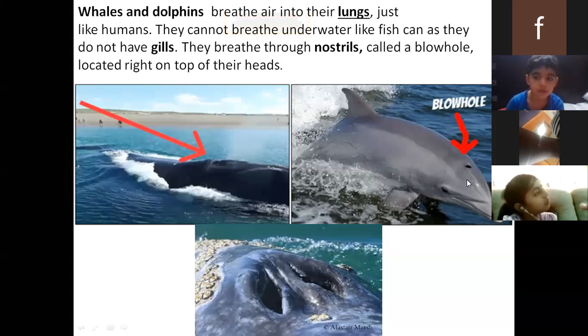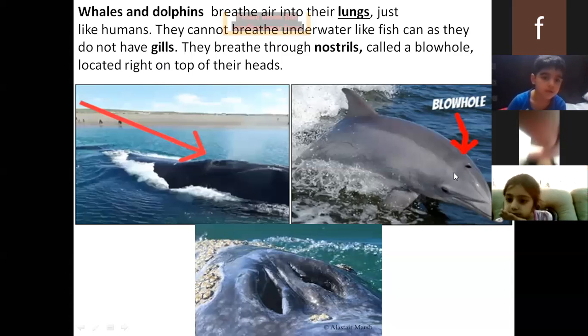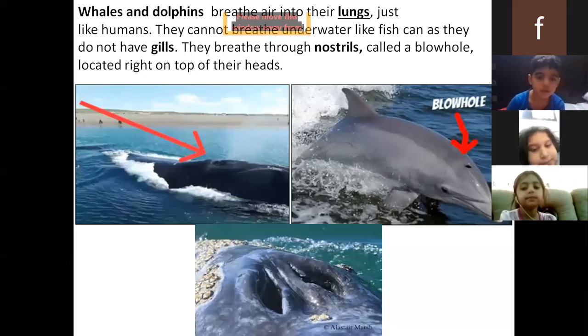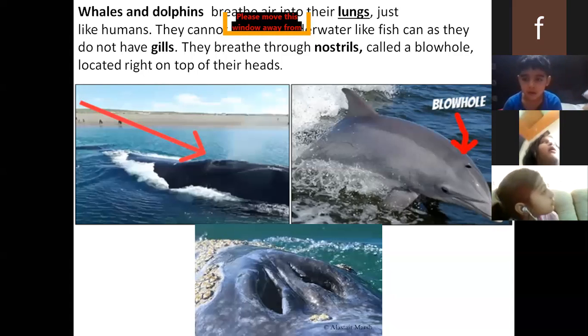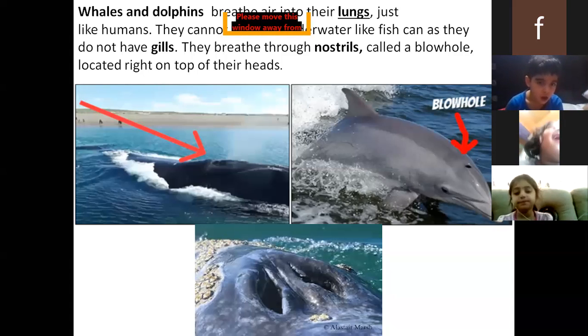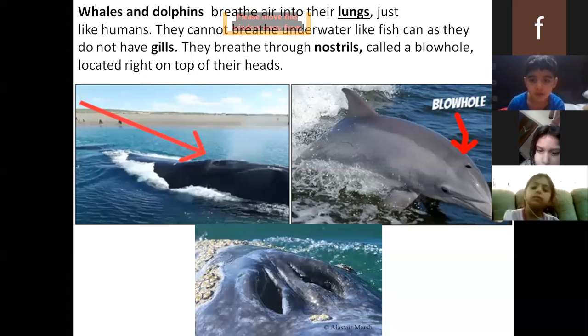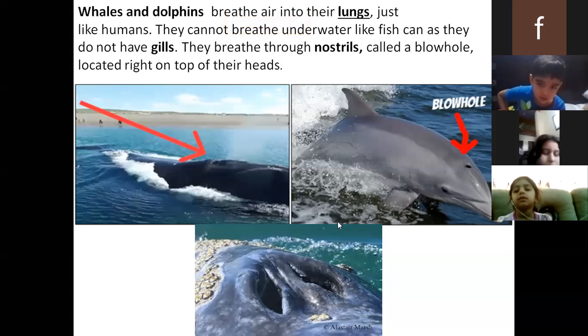So, this is the reason that when they want to breathe, they come to the surface of the water and put their head above the water. Why? Because their nostrils, known as blowholes, are on the top of their head and they breathe through them. Okay, now is it clear? Should I move to the next slide?